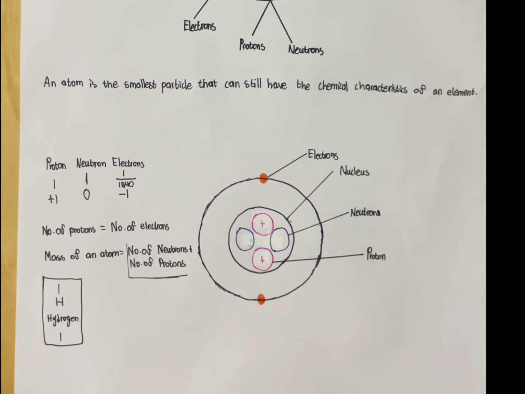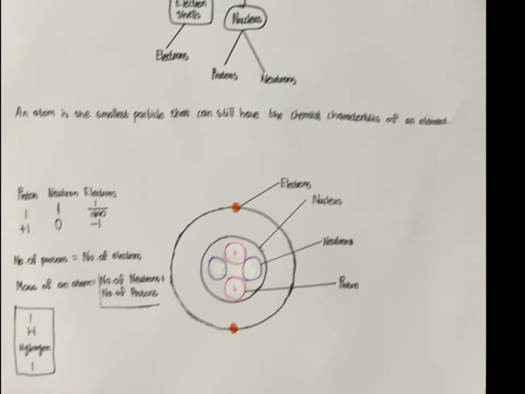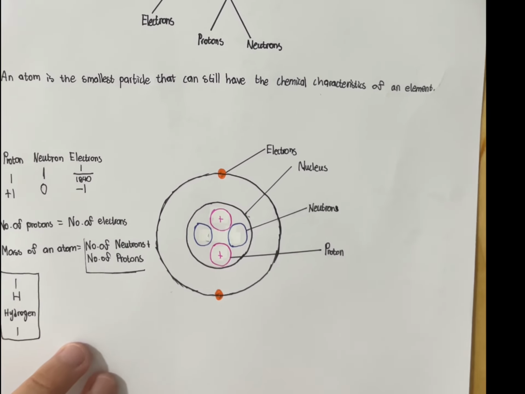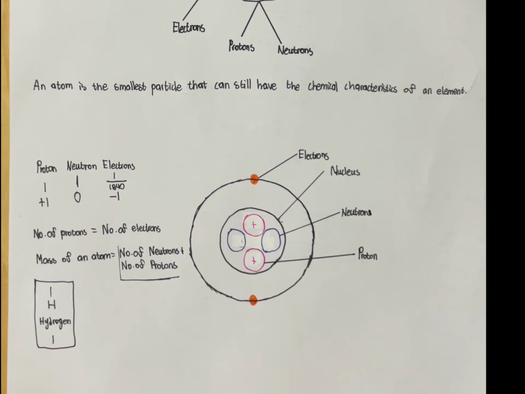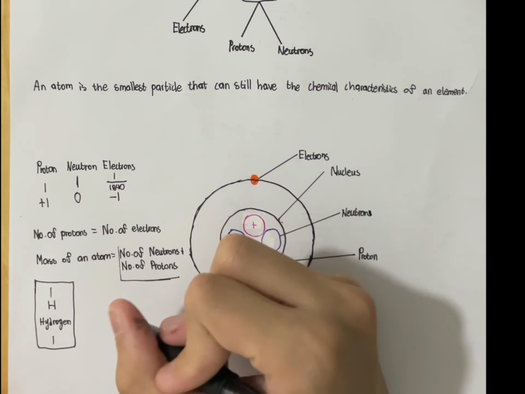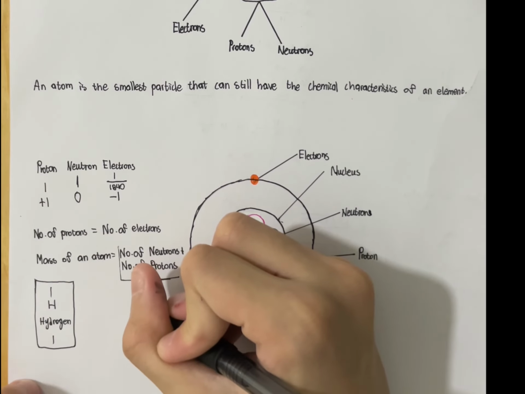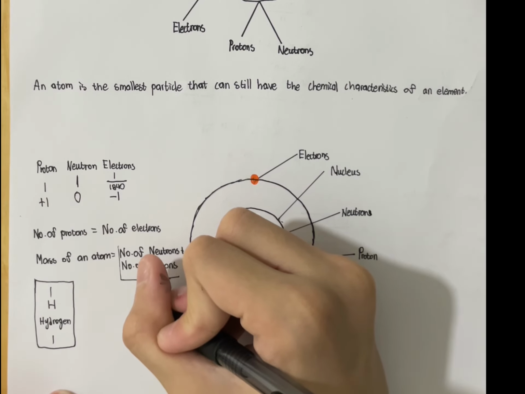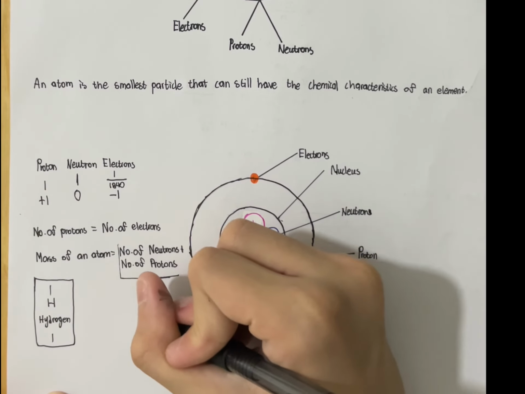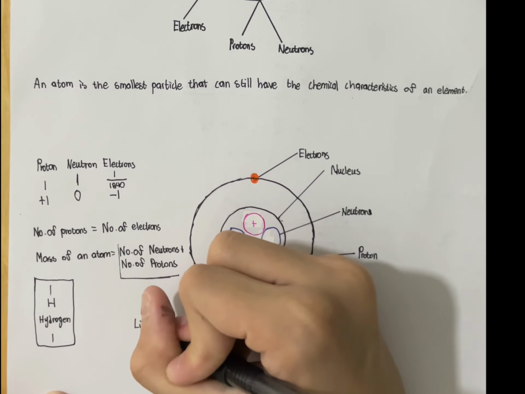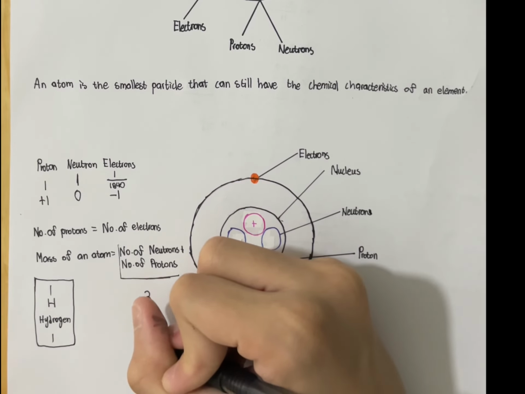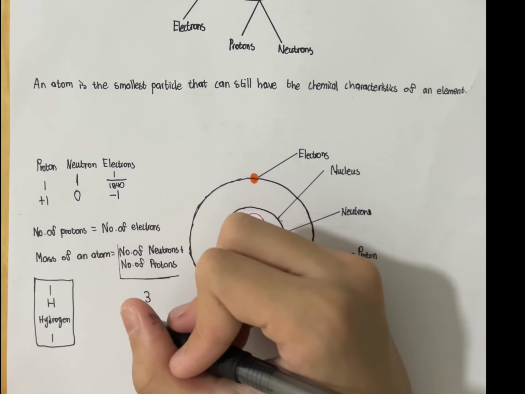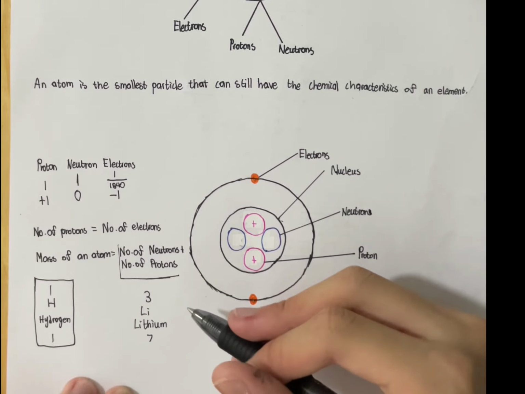All right? So I would like to ask you a little question. Say I have an atom which has a proton number of 3, and a relative atomic mass of 7.